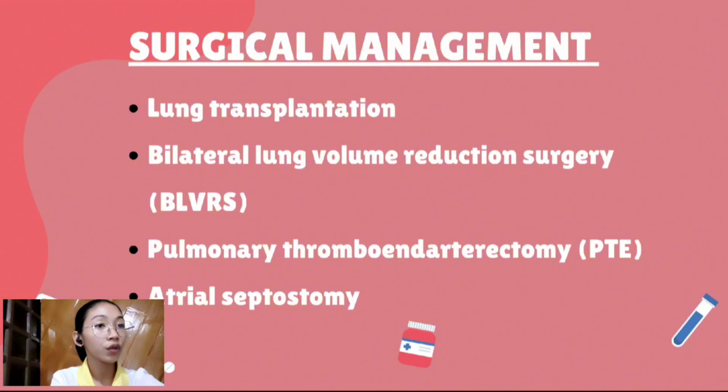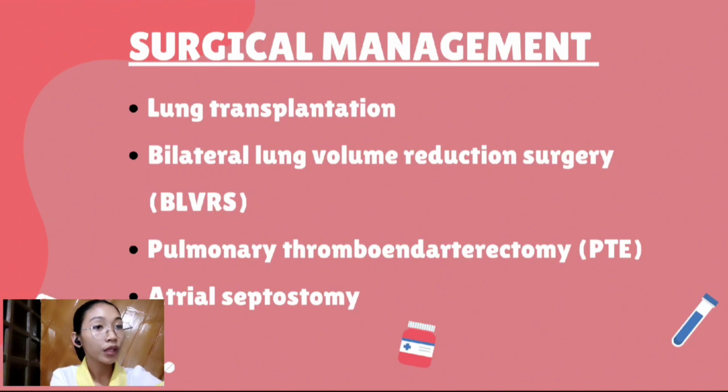This procedure involves replacing one or both diseased lungs with healthy donor lungs. Next is the bilateral lung volume reduction surgery, or the LVRS. This surgical procedure is primarily used for certain cases of chronic obstructive pulmonary disease, and it involves removing damaged or diseased portions of the lungs, which can improve lung function and alleviate symptoms.